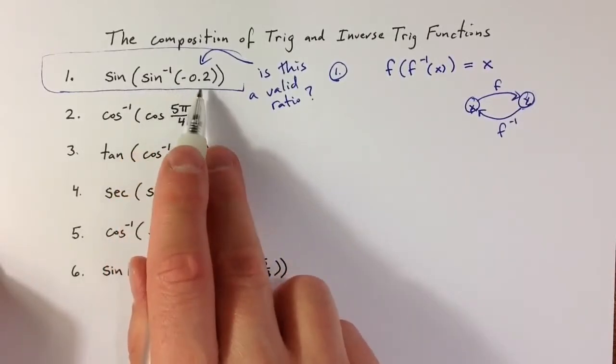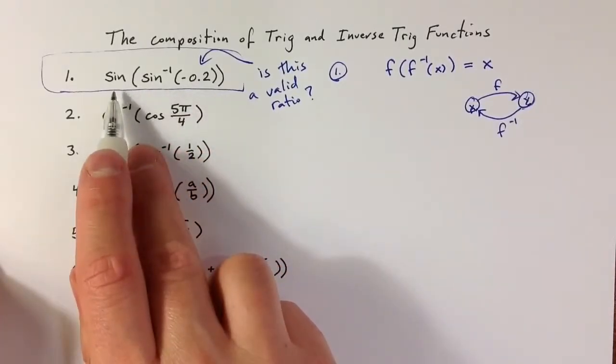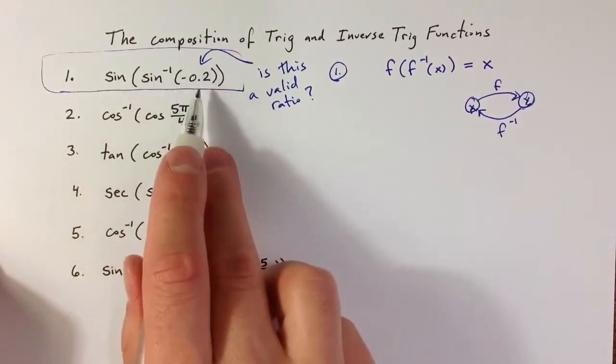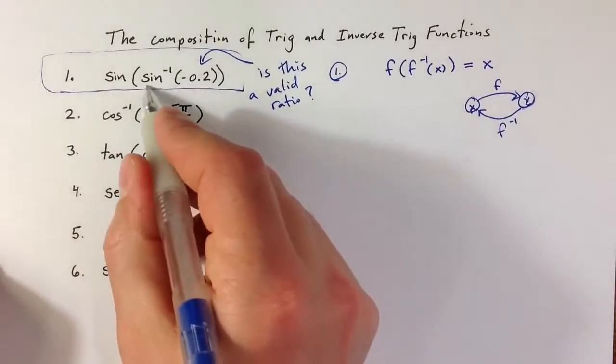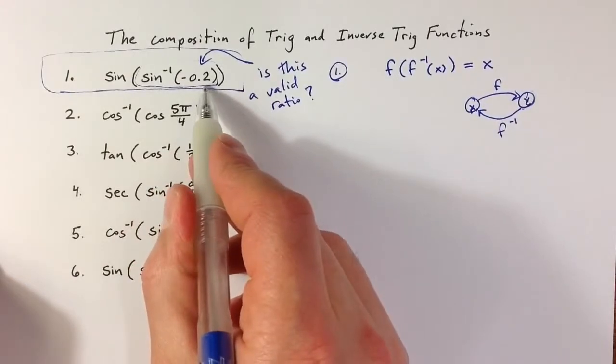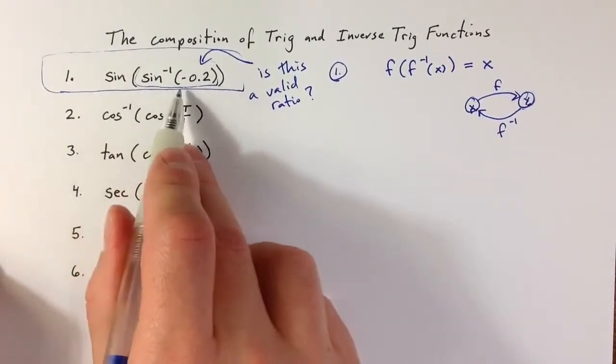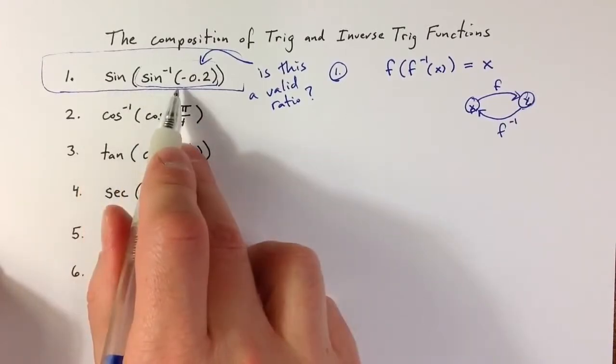So inverse sine is going to take a ratio and return an angle, and then the sine function is going to return the ratio. So this is basically saying what angle gives me a sine ratio of negative 0.2, and then the sine of that angle is going to give me a sine ratio of negative 0.2.